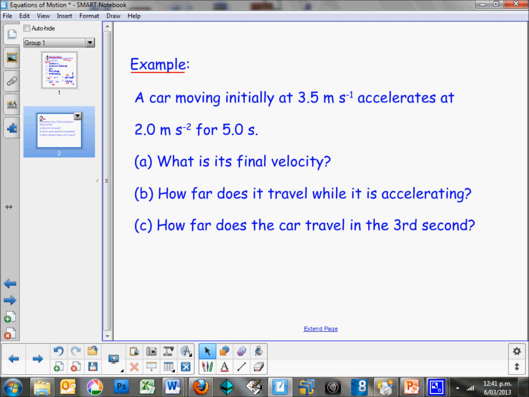Now, I would suggest to you that one of the key problem-solving techniques in using these equations is to extract from the problem the information provided. Write down the various quantities with the symbol. So a car moving initially, so that is u, equals 3.5 meters per second.